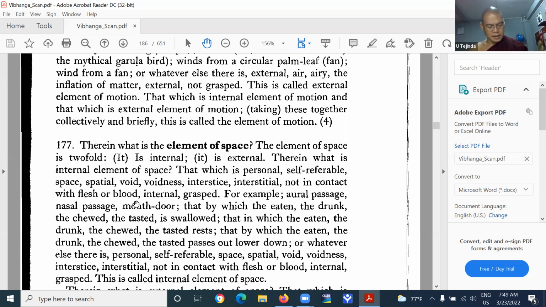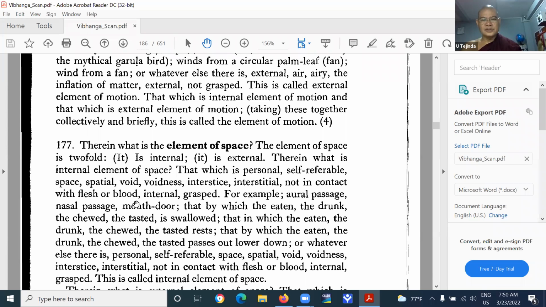So what kind of space is that? In our body, the space which is not in contact with the flesh or the blood. What kind of space is that? Do you know?